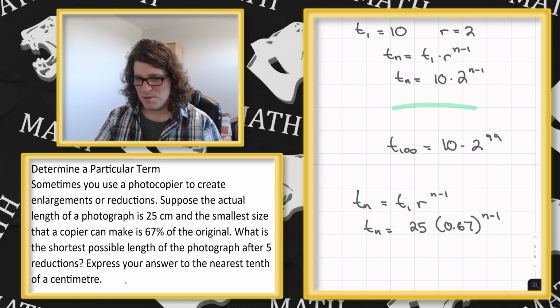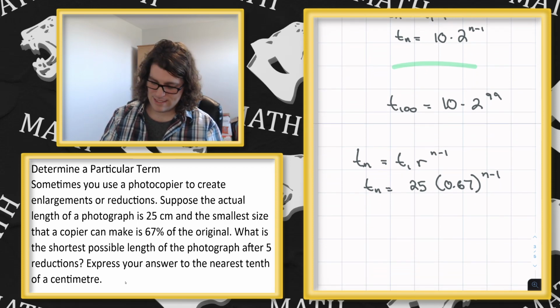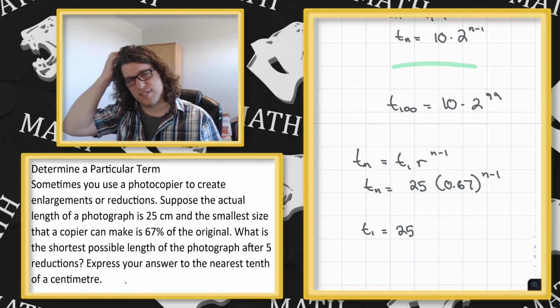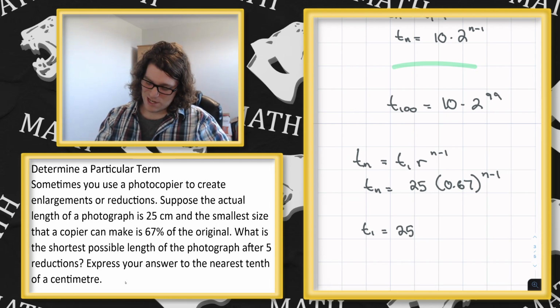Now, the problem is that if I put in a 1 for my n value, so what is my T1? Well, it's 25. How many reductions have taken place at the 25? Well, it's the original, so that's actually 0 reductions.